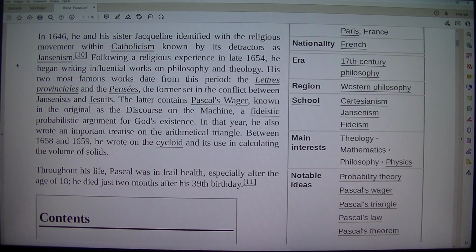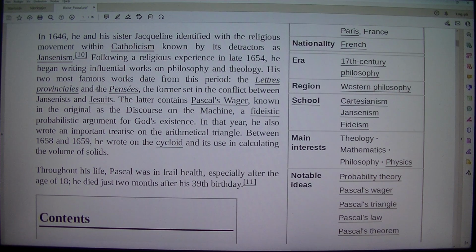In 1646, he and his sister Jacqueline identified with the religious movement within Catholicism known by its detractors as Jansenism. Following a religious experience in late 1654, he began writing influential works on philosophy and theology.